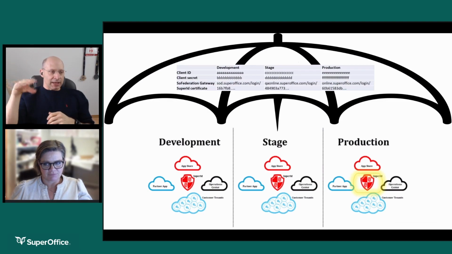And in SuperOffice Online operations, we have a SuperID user there that's used to log into the developer portal and manage all of our environments and their SuperOffice installations, and the applications associated with each one. Correct? Yes. Correct.